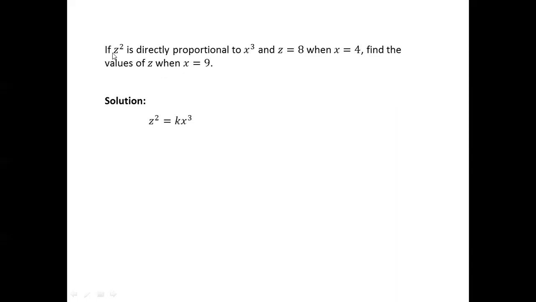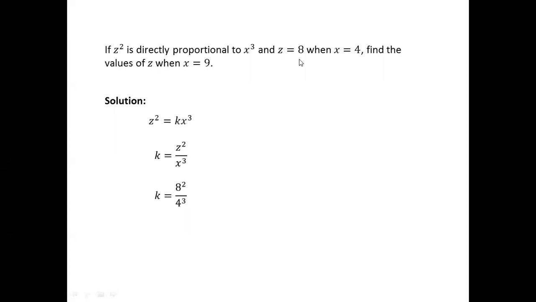Notice that it was mentioned that z squared is directly proportional, that means z squared equals k times x cubed. Then, let's solve for k using the initial conditions given.